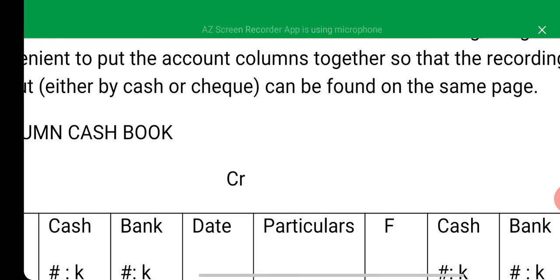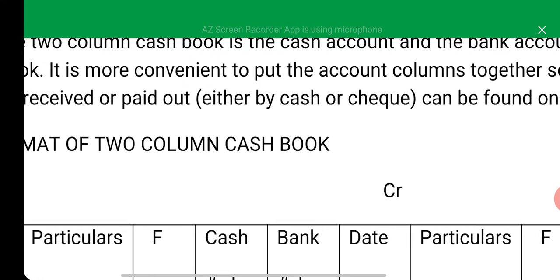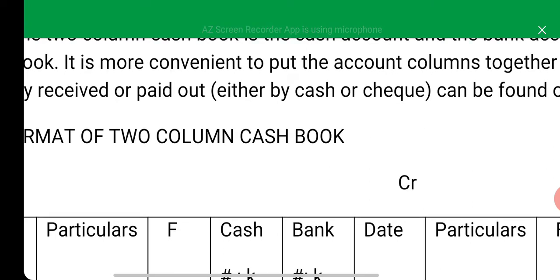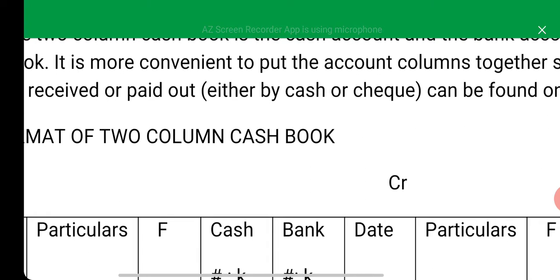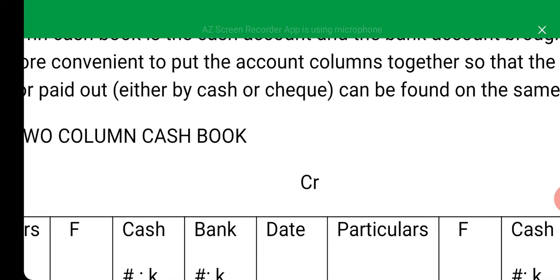That's why the two-column cash book was introduced.